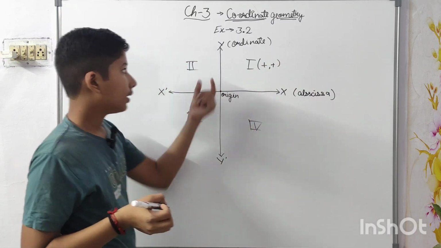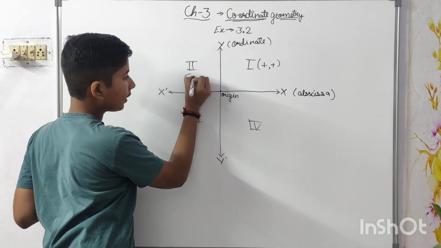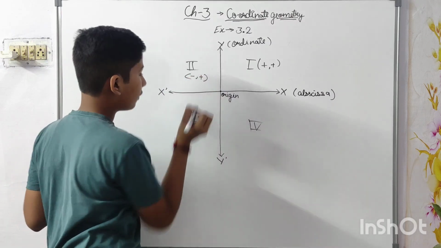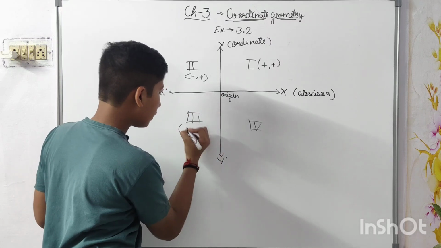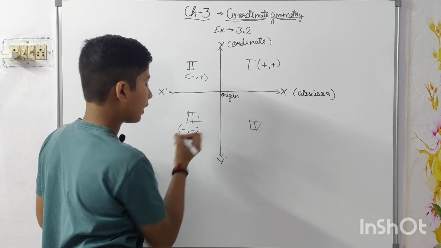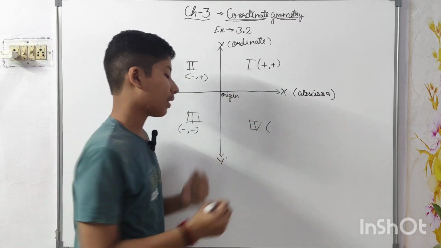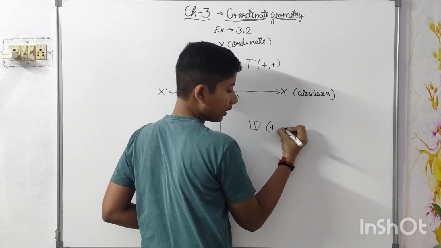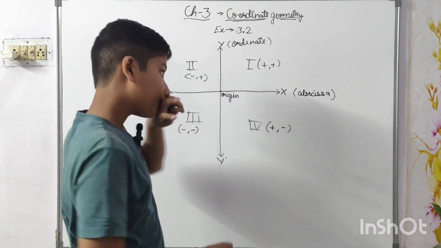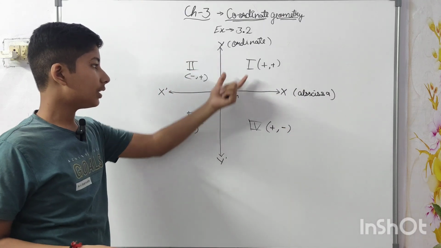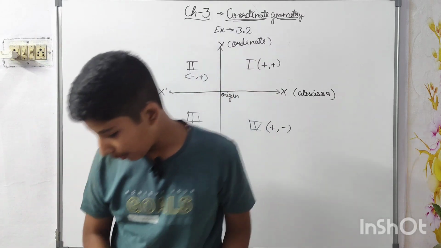In the second one, y is positive but x is negative, so it is negative comma positive. In the third quadrant x is negative and y is negative, so negative comma negative. And in the fourth, x is positive but y is negative, so positive negative. Now abscissa, ordinate, origin, quadrants, everything is done. This was only this much.